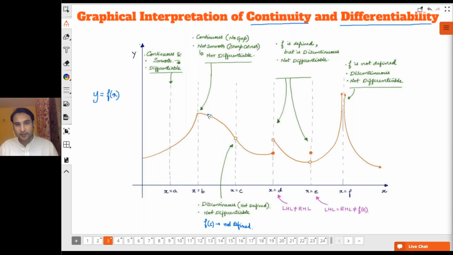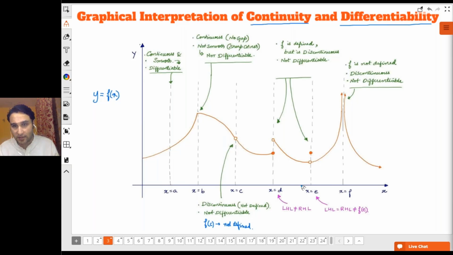It was nicely going like this, got a break in between, and then shifted somewhere else. So wherever there is a break in the function, there also the function is discontinuous. I hope all of you know this, right? Cool. Because today we'll be applying these concepts. So wherever the function breaks, it is discontinuous. Here also the function is discontinuous because there is a hole.